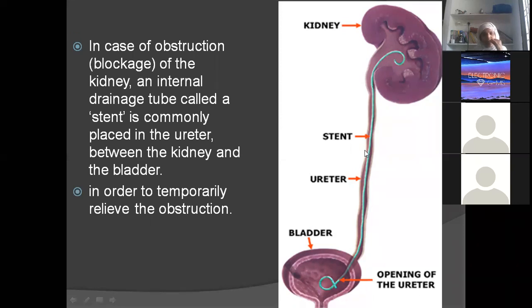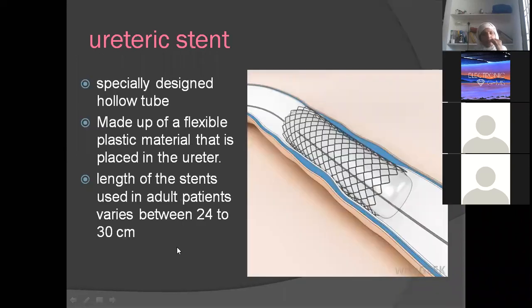For blood vessels also we keep stents, isn't it? In atherosclerosis and arteriosclerosis, I've shown you stents in coronary circulation. Similarly, this stent is used in obstruction of the urinary system. It looks something like a mesh hollow tube, made of flexible plastic material.